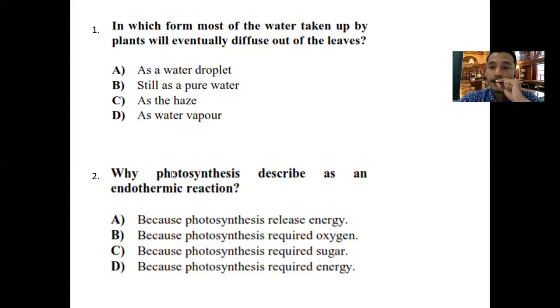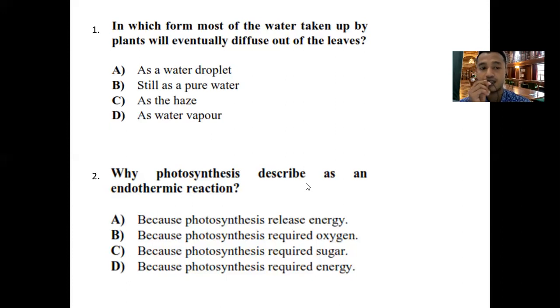All right, next question, number two. Why is photosynthesis described as an endothermic reaction? This relates chemistry, biology, and physics. As you know, reactions can be endothermic or exothermic. What's the difference?